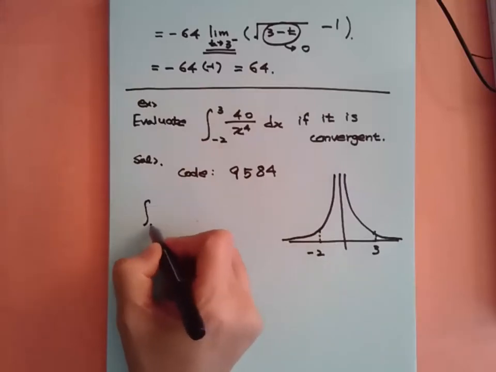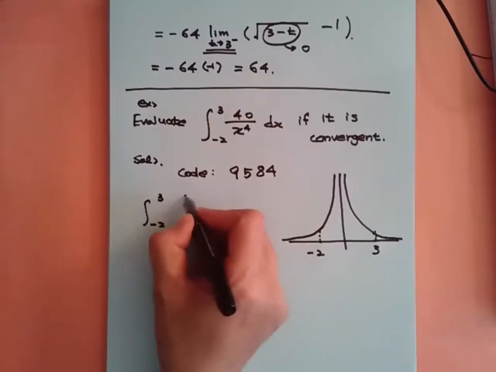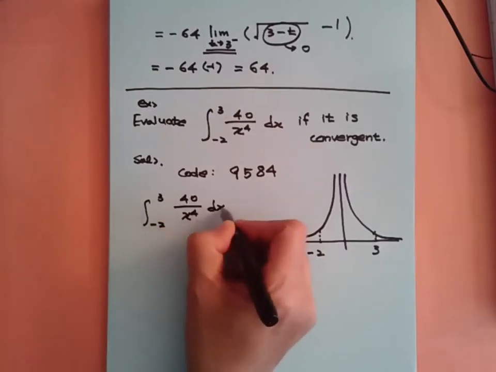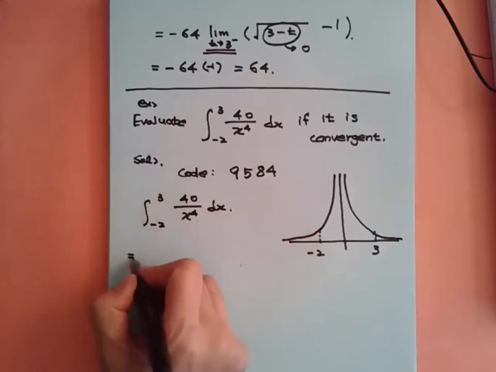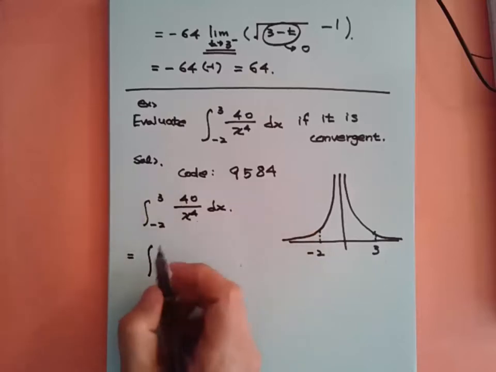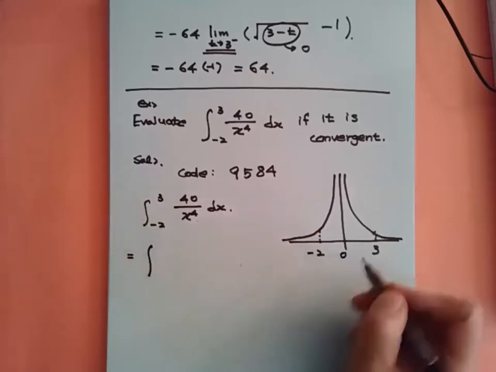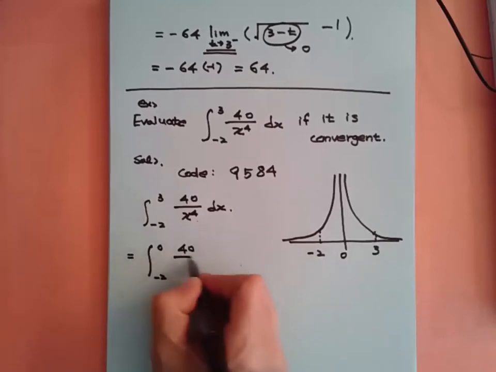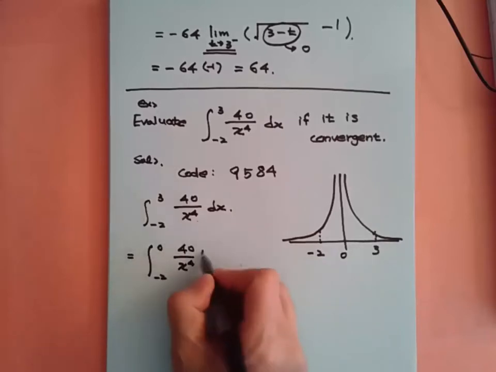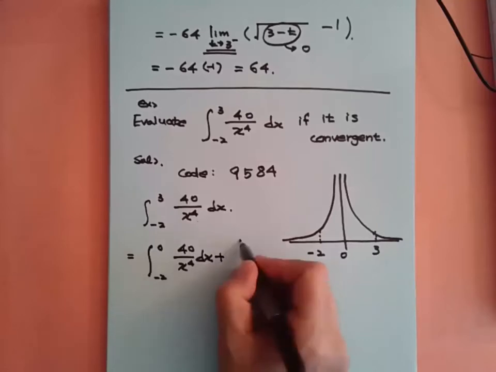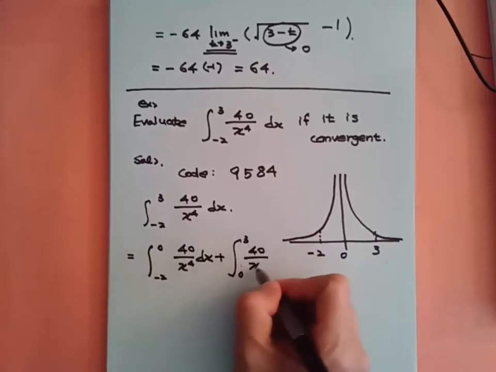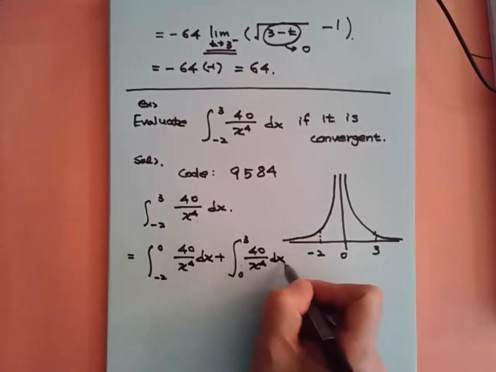So let's do that. Integral from -2 to 3 of 40 over x to the fourth power dx. Then, as I said, we will break in the middle. So -2 to 0, 40 over x to the fourth power dx, plus the integral from 0 to 3 of 40 over x to the fourth power dx.